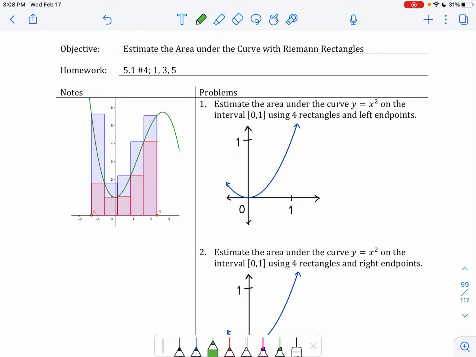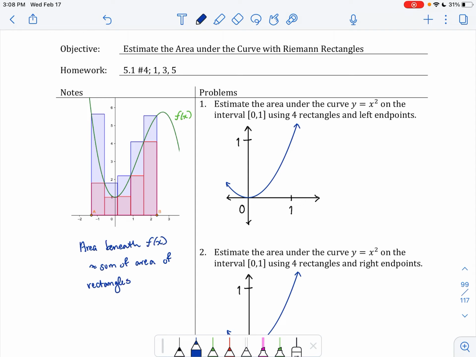So if I'm looking at a function here, f of x, this is a green function, and I was asked, okay, what is the area beneath that curve? The area beneath f of x is approximately equal to the sum of the area of the rectangles that we see here.